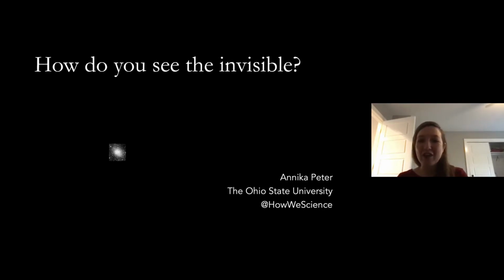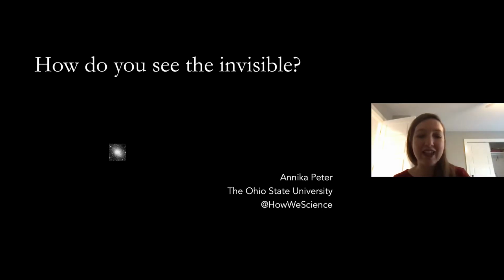All right, so my talk today is focused around the question, how do you see the invisible? This image that I'm showing you on the screen is a small galaxy. A galaxy is a collection of stars and gas and dust.